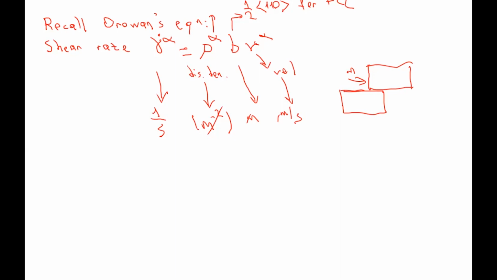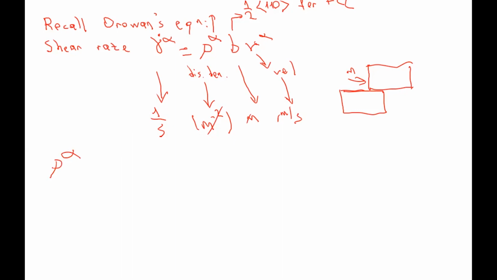So how can we calculate these values? Let's start with dislocation density at each slip system. Dislocation density actually changes as the deformation takes place, right? During the deformation, the dislocation density evolves.